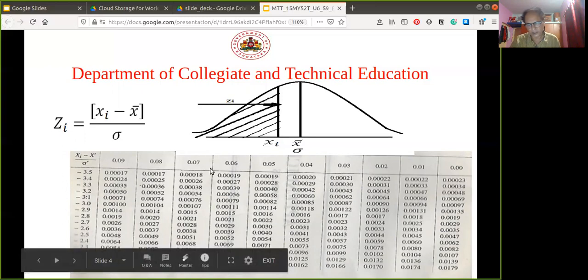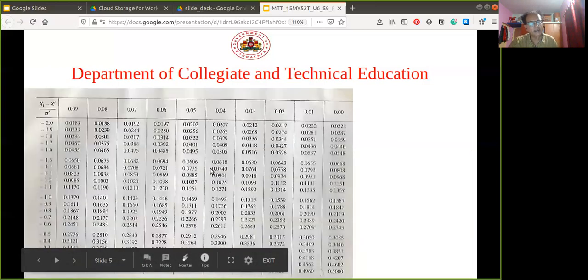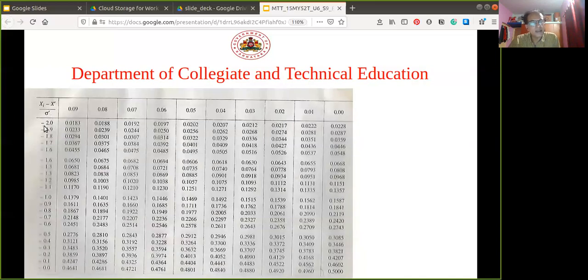Now I'll go to the next slide where I'll take the value minus 2. Say I get a zi value of minus 2.01, so assume there is a 1 here. In the same line, I should take the column where the 1 comes.